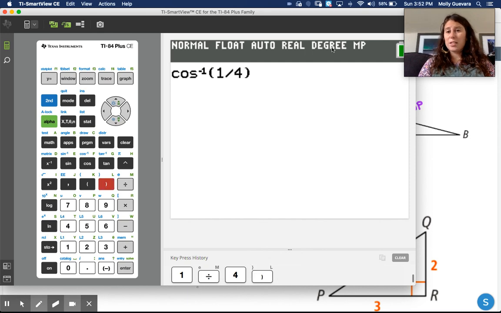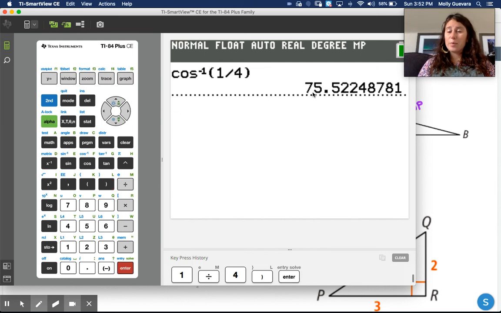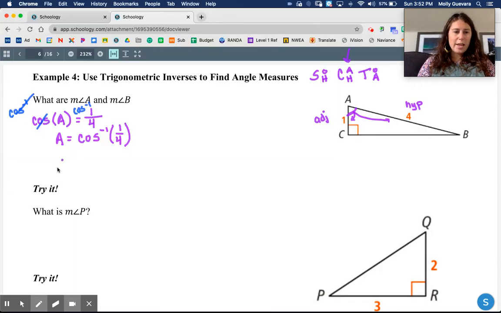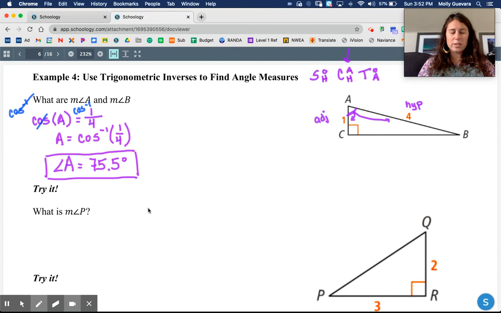And again, I'm already in degrees, so I don't have to worry about that. I hit enter, and it's going to give me the angle in degrees. So 75, let's just say 75.5. So angle A is equal to 75.5 degrees. The degrees is the unit, so I don't have to write units or anything. And there it is. That's it.